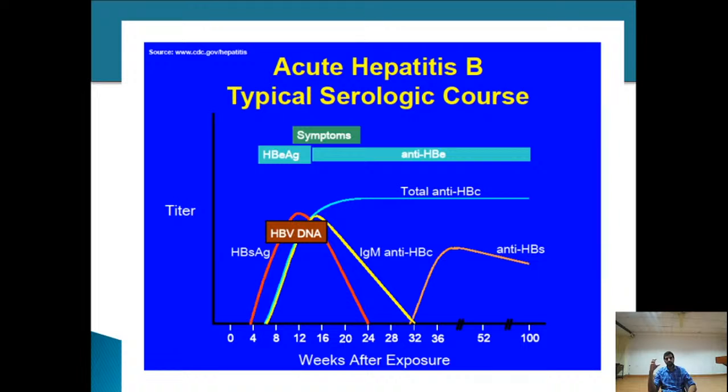Only when there is free antibody within the blood, you can detect it, like anti-HBs. Only when there is free anti-HBs, that means when there is an excess of antibody compared to antigen, this antibody will not be bound because it is in excess. That can be detected at any time. So when there is antigen present in the blood, you will not be able to detect the antibody. Only when the quantity is different, you will be able to detect each of these.